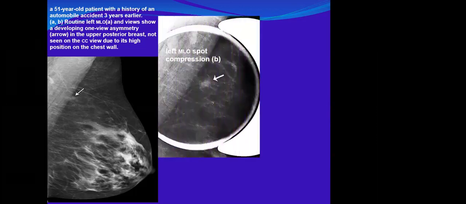It might just be close to the chest wall, not excluded from the field of view in the other view. So what is next? Compression view, spot compression view. This is a spot compression view. The lesion is there. So what is next? Ultrasound. You have to do an ultrasound.